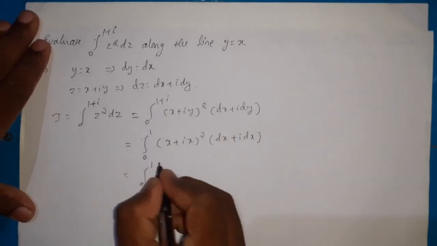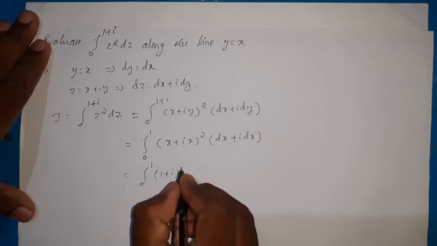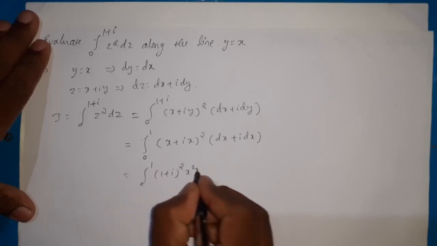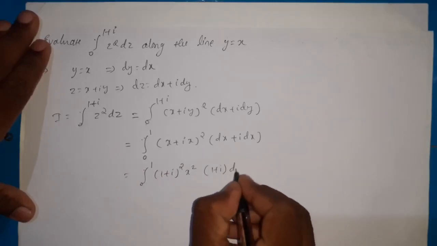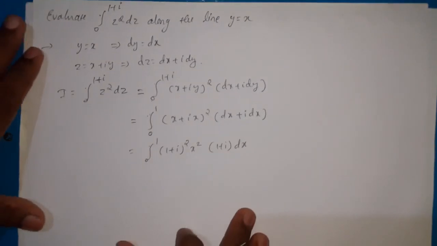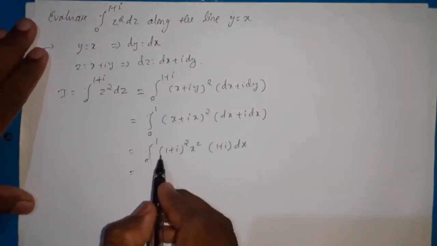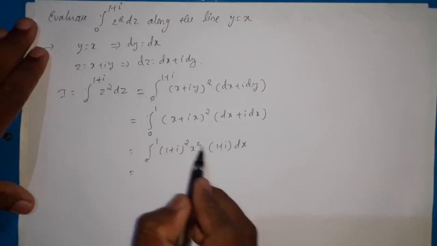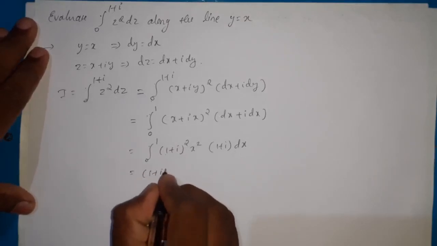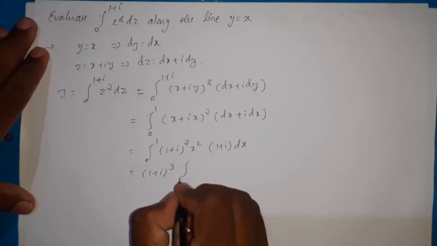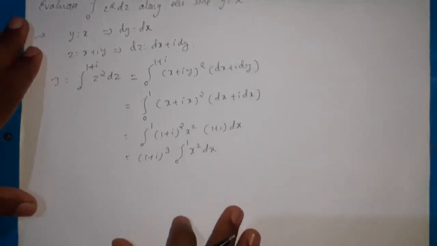Now, from 0 to 1, x is common, that becomes (1 plus i) whole square into x square, and dx is common with 1 plus i. Here 1 plus i is a constant term, it is (1 plus i) whole square, and one more 1 plus i is there, the total (1 plus i) whole cube, integration over 0 to 1 of x square dx.